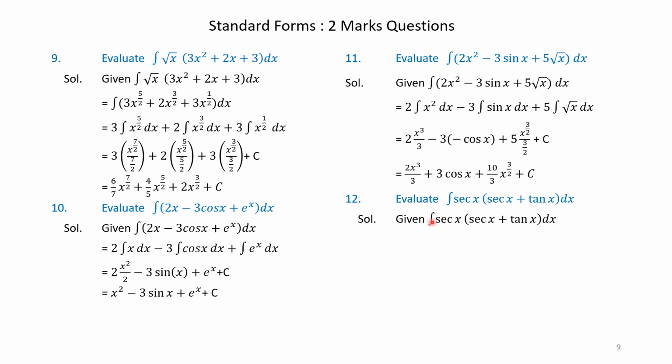Therefore, secant x into secant x becomes secant squared x: integral of secant squared x plus integral of secant x tan x. We know from our standard formulas that the integral of secant squared x dx is tan x and the integral of secant x tan x is secant x plus c.